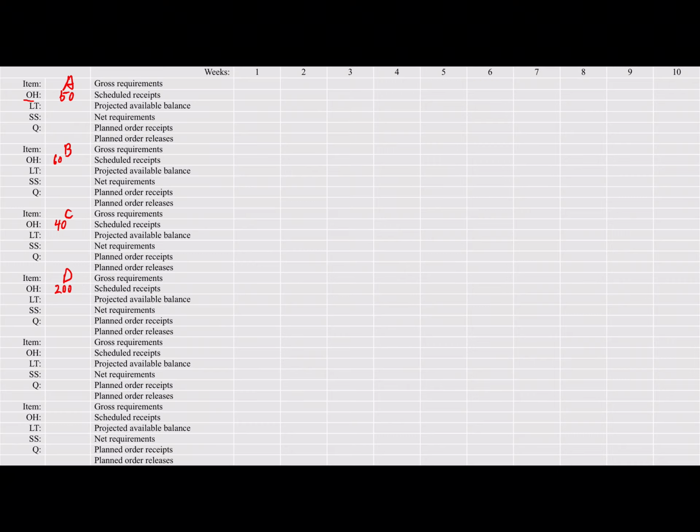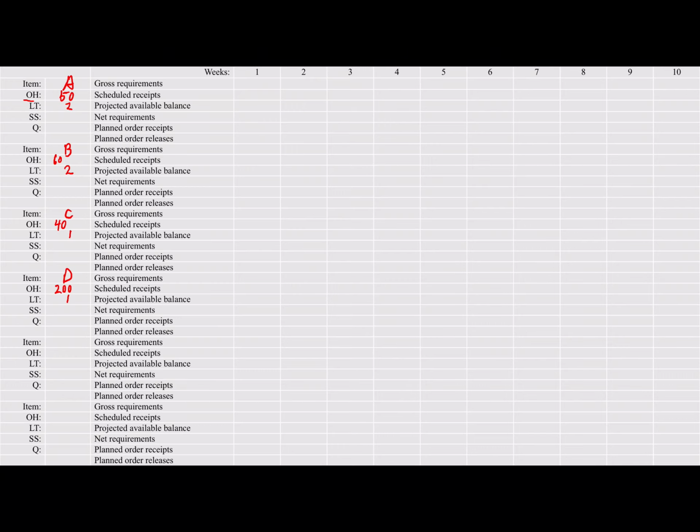So we write it down here. Okay, and then it says the lead times are 2, 2, 1, 1 weeks. Right, so lead time for A is 2 weeks. Write it here. B lead time is 2 weeks. And C lead time is 1 week, and D lead time is 1 week. So this is basic information about each of the items.